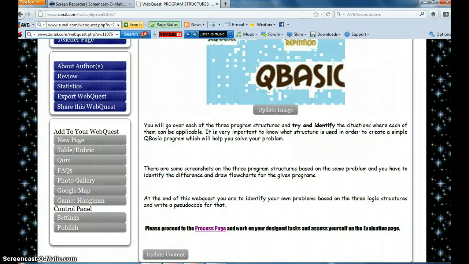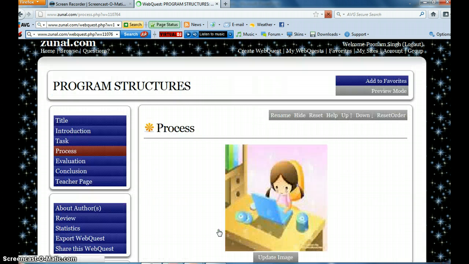At the end of this web quest, they will be asked to identify their own problems based on the three logic structures and write up a set of code for that. So let's proceed to the process page, where most of the things the students are supposed to do are.